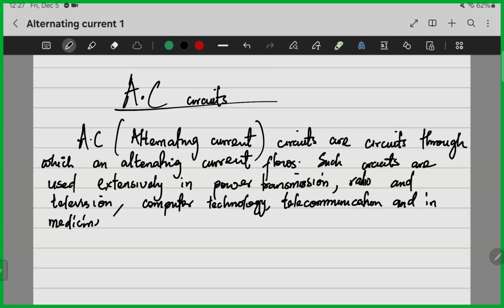So please take note of this, the uses of this circuit.